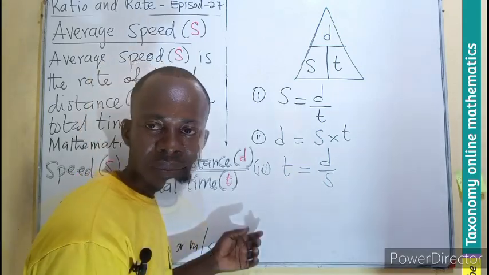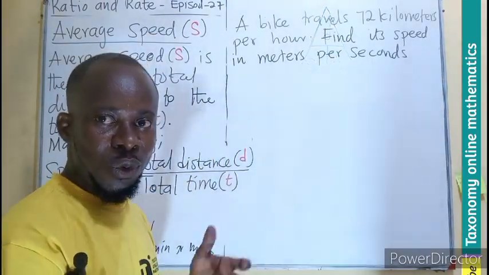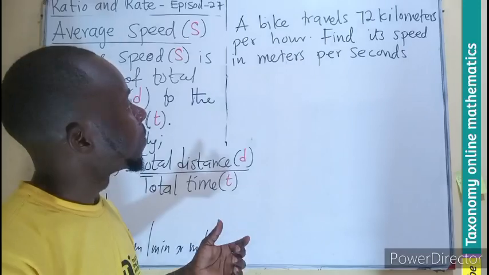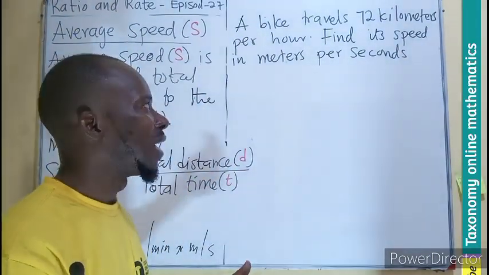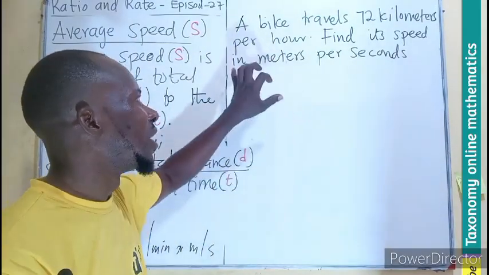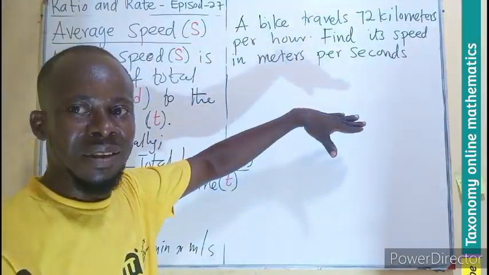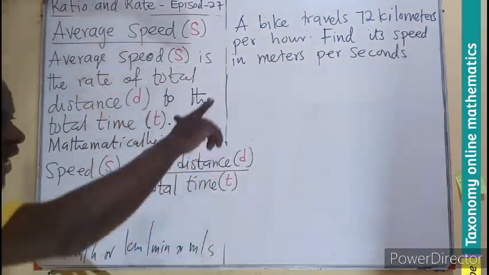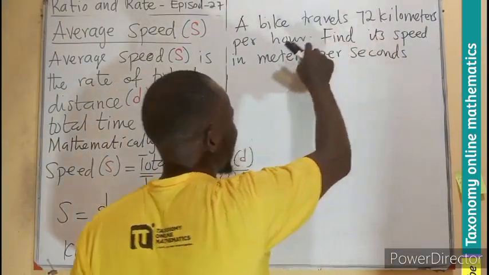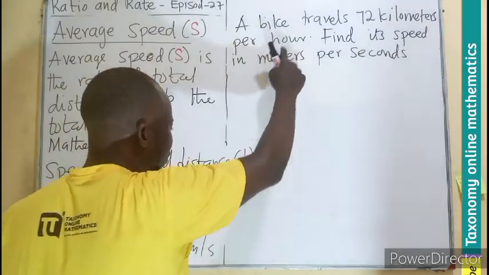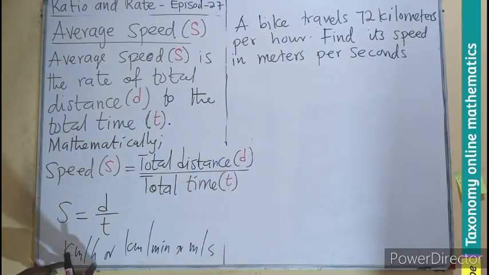All right. Okay, a question to put the formula to test. A bike travels 72 kilometers per hour. We have to find its speed in meters per second. Already, the speed in there is the distance, that's kilometers, and the time is hours, so it's kilometers per hour.